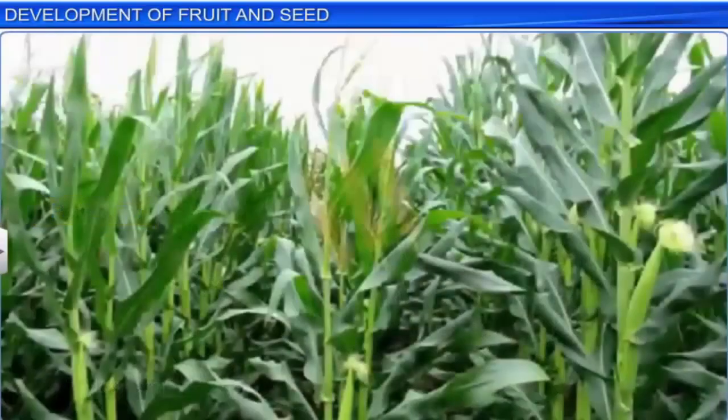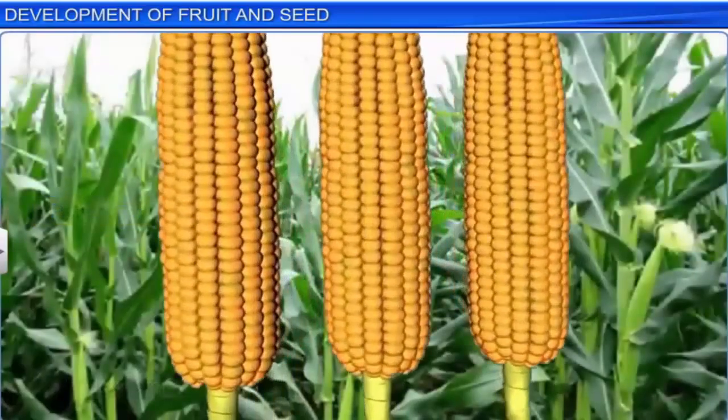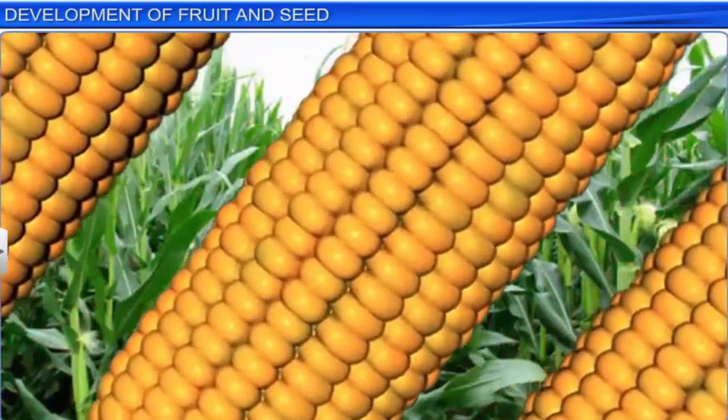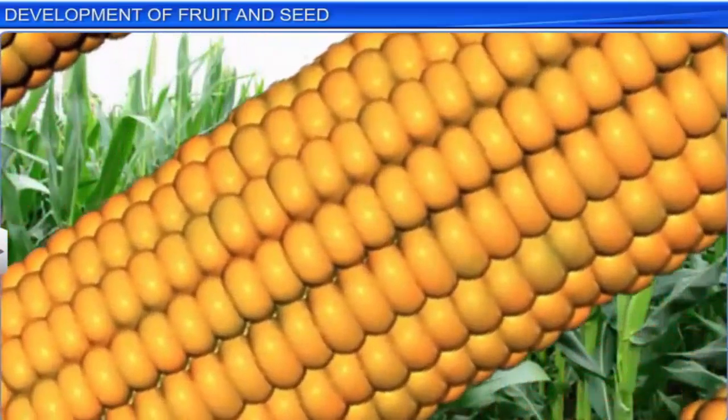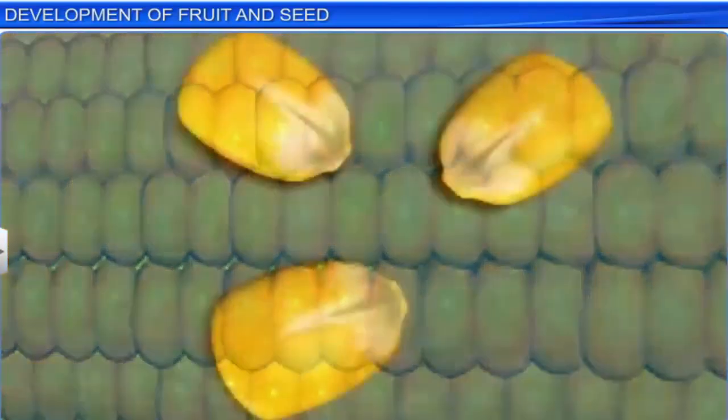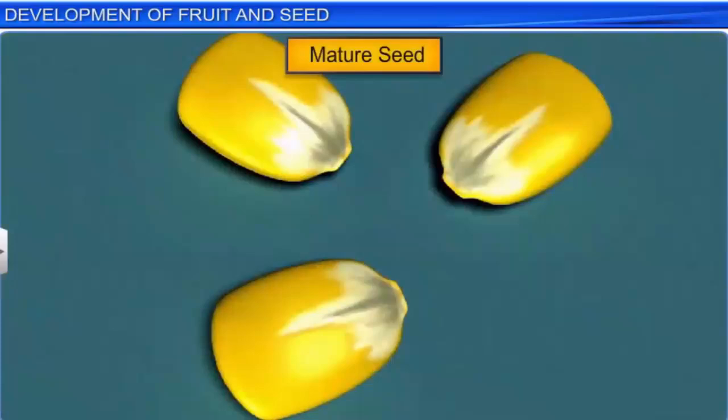Whether a perispermic or albuminous seed, as the embryo begins to develop, the seed starts to mature and lose its water content to become relatively dry. A mature seed, therefore, has only 15 to 20% of its mass as moisture content.